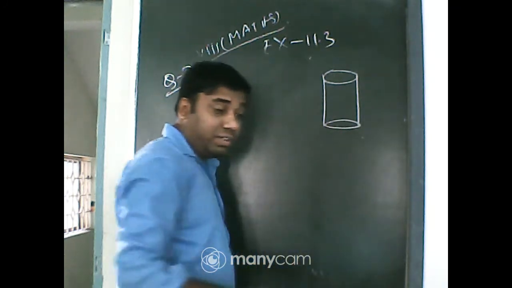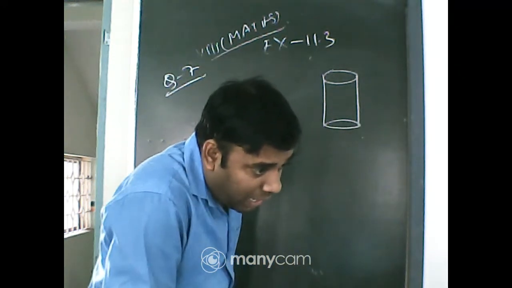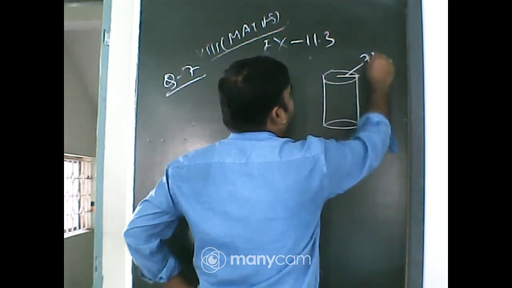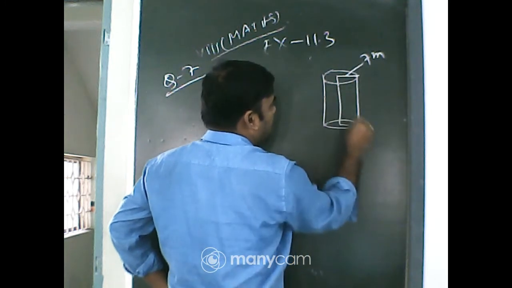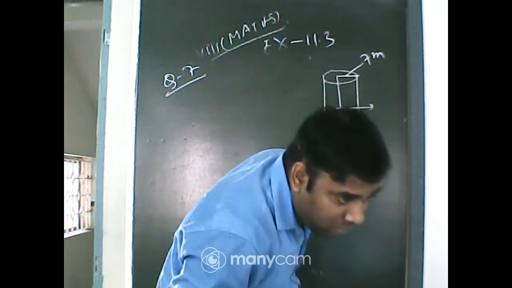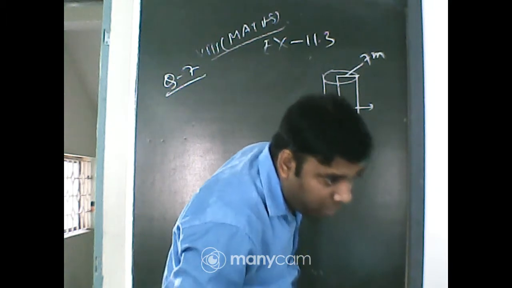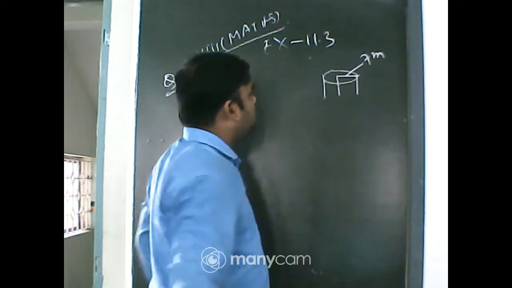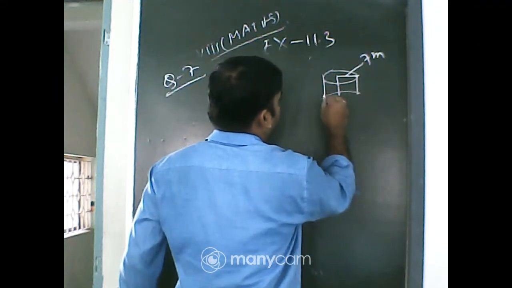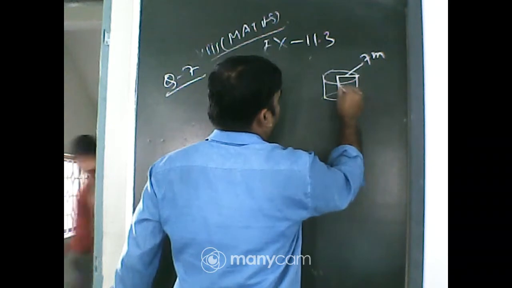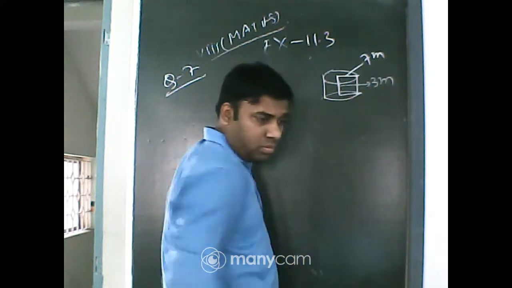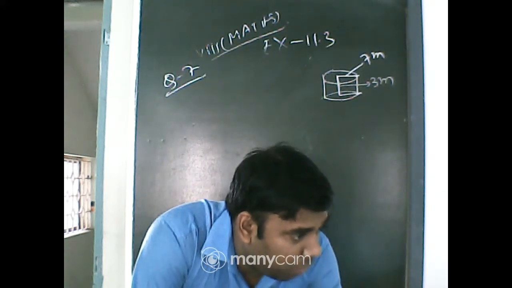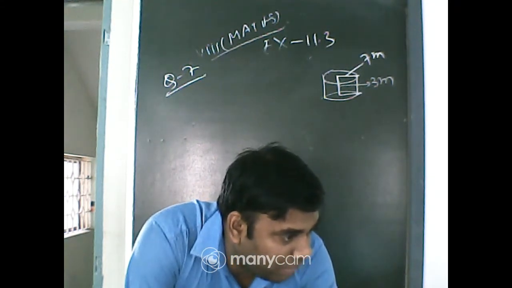It is given closed, radius is 7 meter and height is 3 meter, made from a sheet of metal.